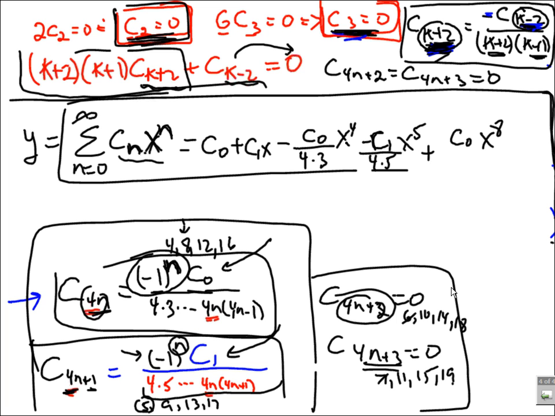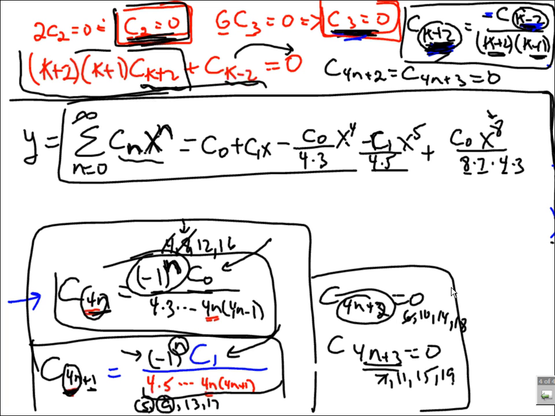x to the 8 over, since that's 8, we do 8 times 4, but for the C0, we go 1 less. 8 times 7 times 4 times 3. And now we did C8. Let us do C sub 9. C sub 9, that's 4 times 2, 8 plus 1.